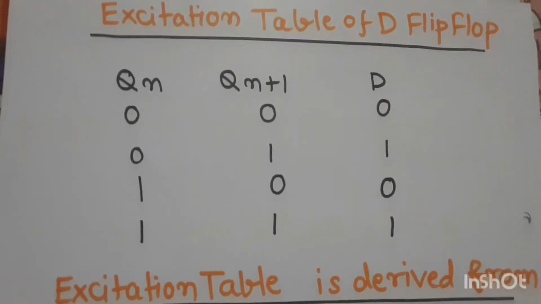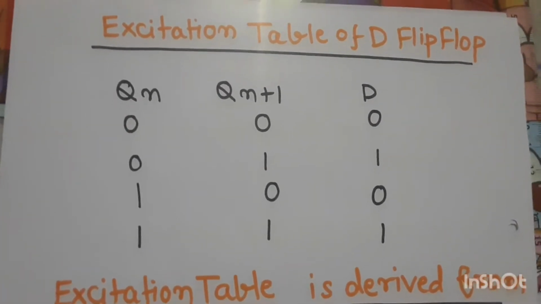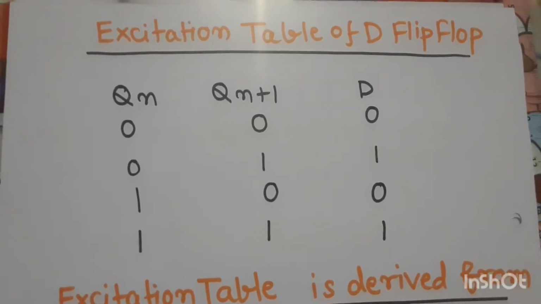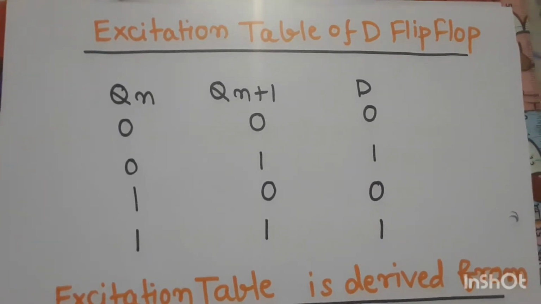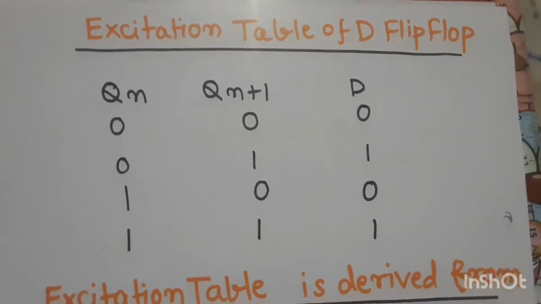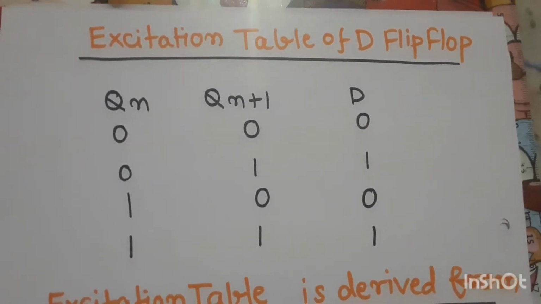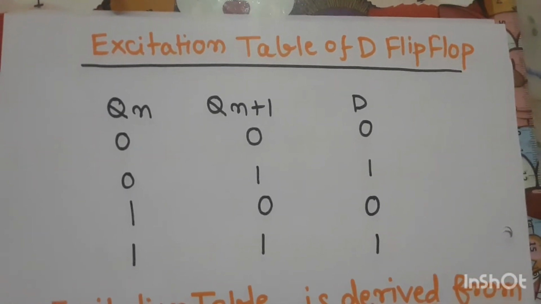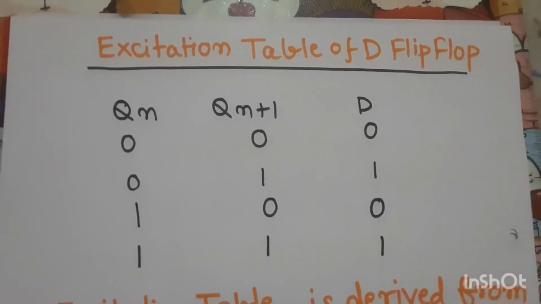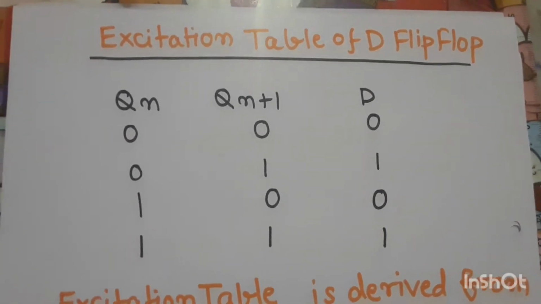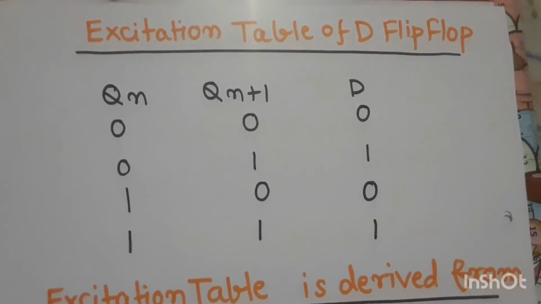So, Qn is the present state while Qn plus 1 is the next state. Now, for the D flip-flop, Qn and Qn plus 1 are 2 bits, so there would be 4 combinations: 0 0, 0 1, 1 0 and 1 1.